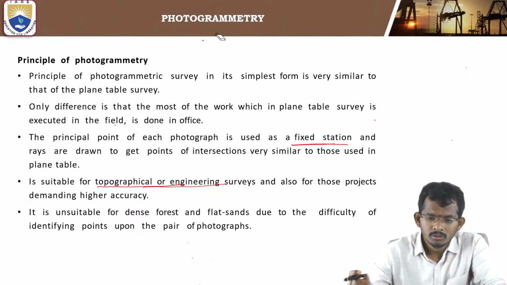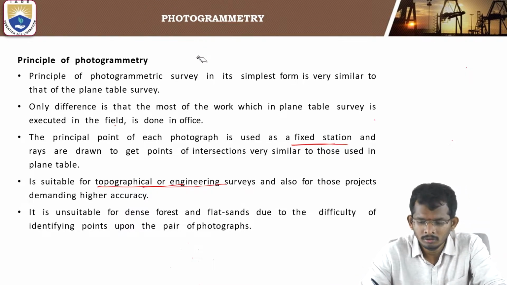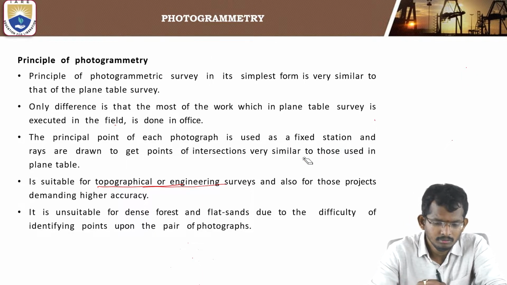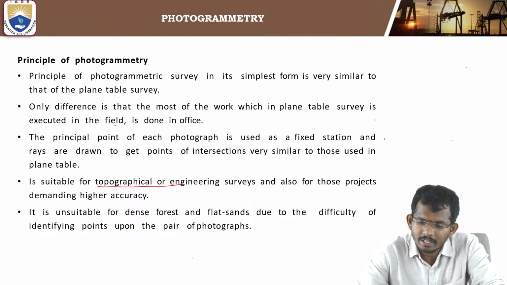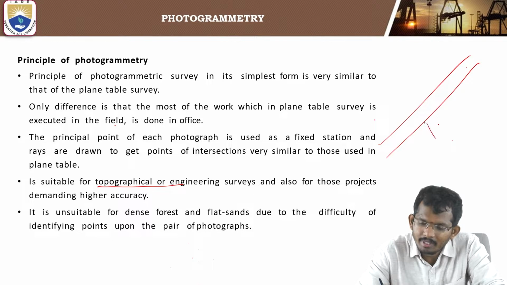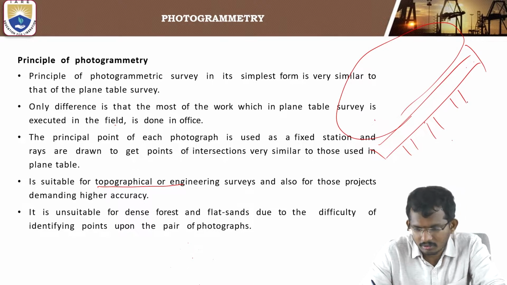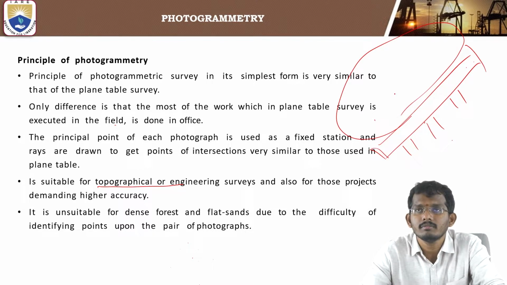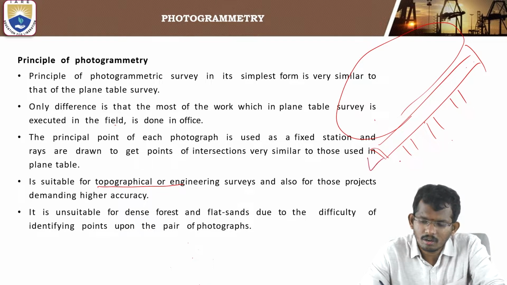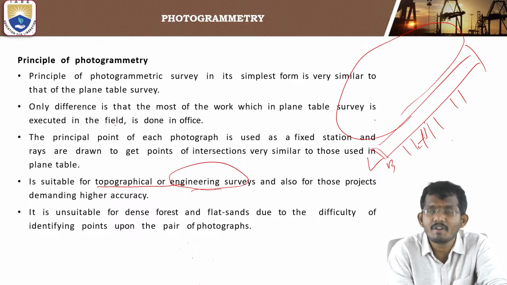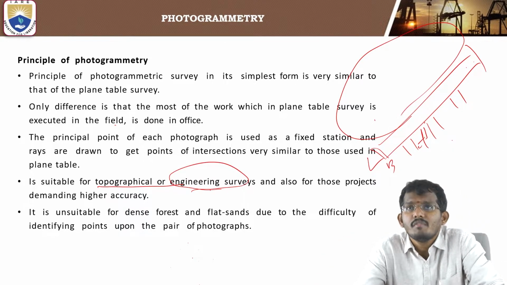So if you want to measure the length of a dam, we have a dam here, spillways are there, this is a reservoir. You want to measure the length or width of the dam, some quantities, so L or B or D or something you want to measure. This can be done like an engineering survey requirement. In an engineering survey I want to measure some physical quantities of a dam.